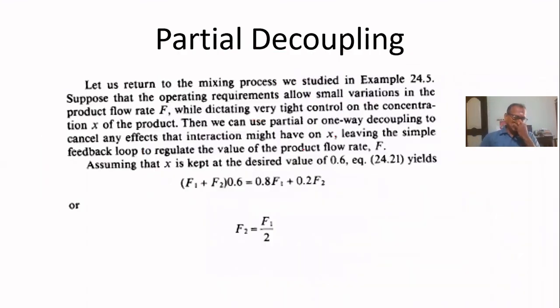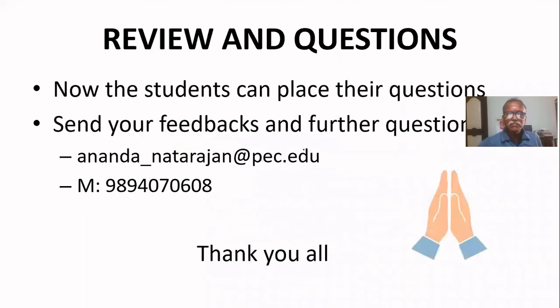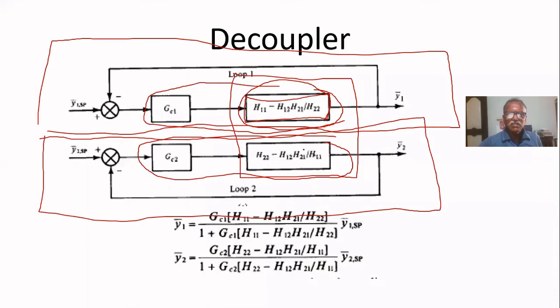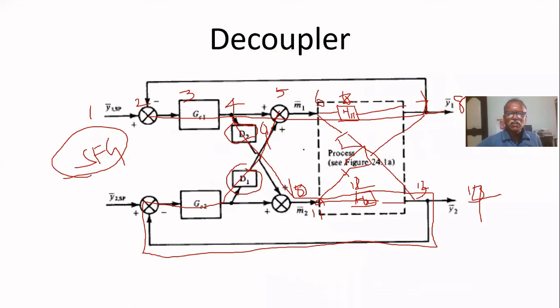Partial decoupling. Suppose I have a process where Y1 can be varied, but Y2 should be tightly controlled. Since Y1 can be varied, there is no need to put D1.